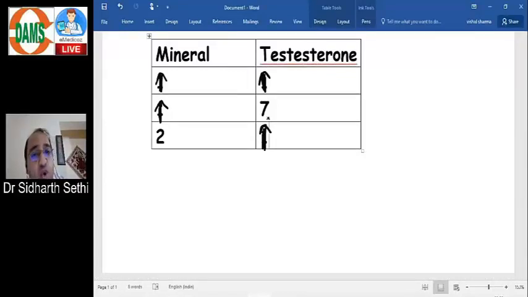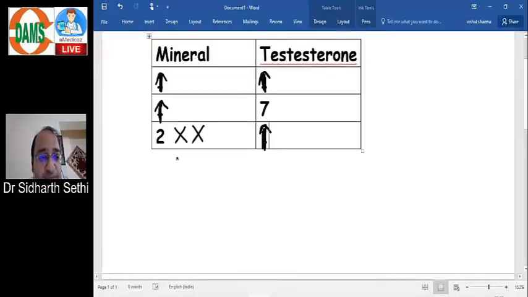In 17, only mineralocorticoid is high. And in 21, only testosterone is high and mineralocorticoid is not. So in 21, they have a salt wasting crisis because the mineralocorticoid activity is not there.